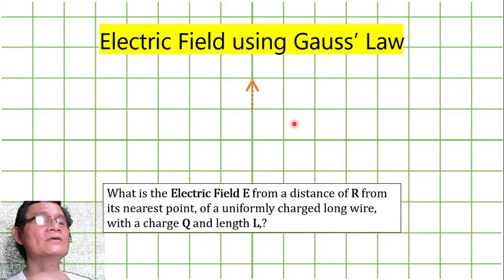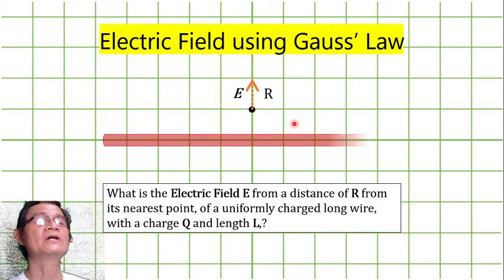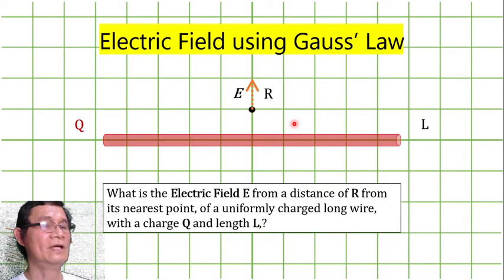So a question is, what is the electric field E at a radius of r, which is the nearest point from a uniformly charged long wire with a charge of Q and a length of L? So, yan ang question.